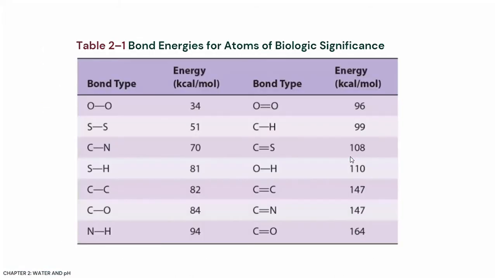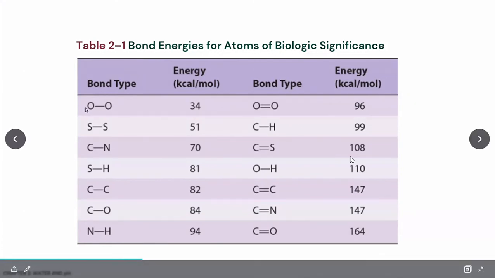Now these are bond energies. As you will notice, the bond energy between two oxygen atoms is equivalent only to 34 kilocalories per mole. Now, as you go down, the bond energy increases. So you have here carbon to oxygen double bonded.